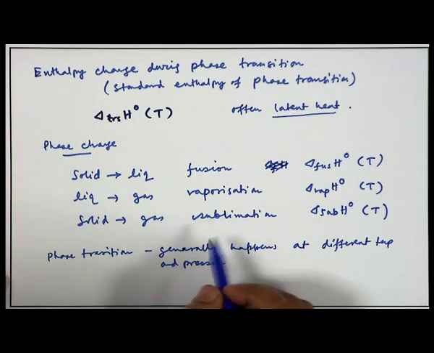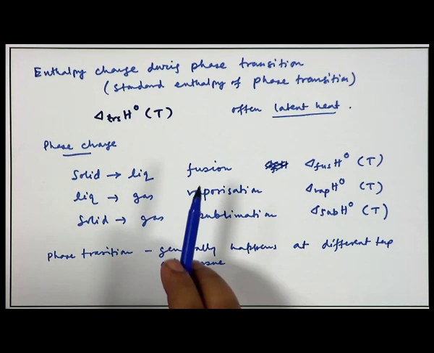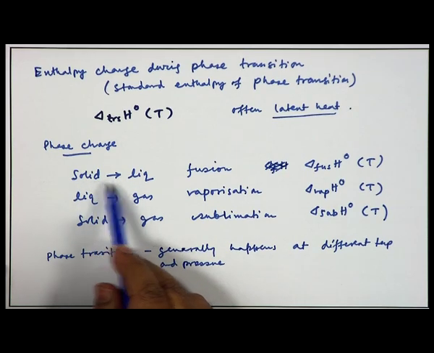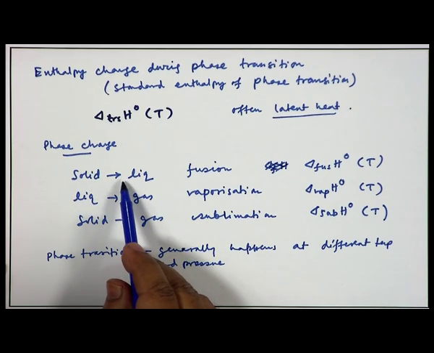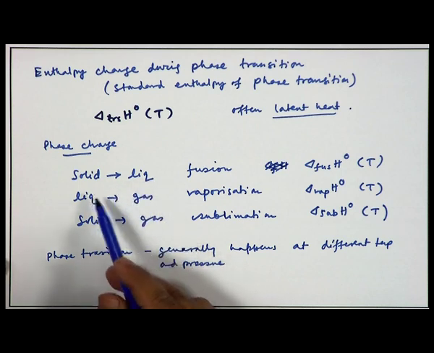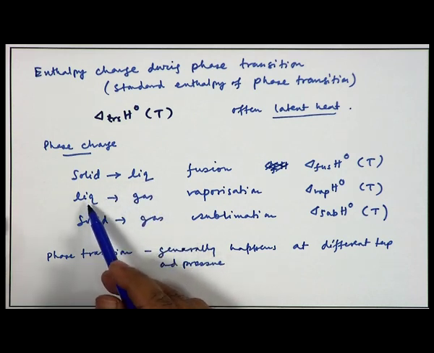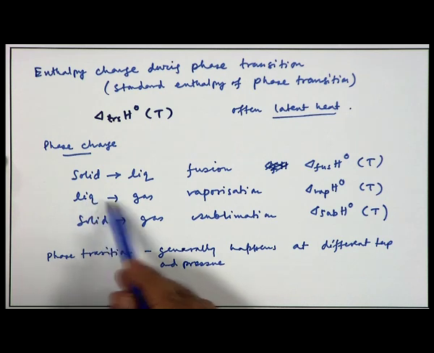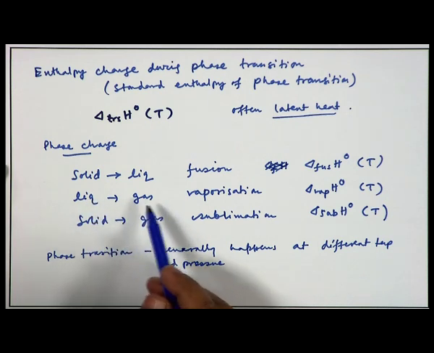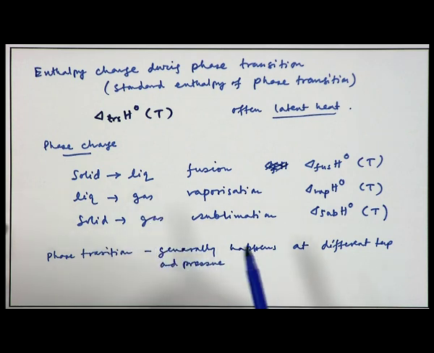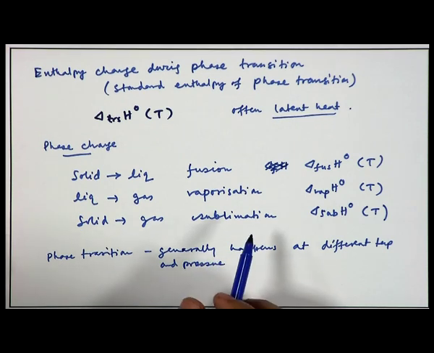For example, water or ice melts at 1 atmospheric pressure at 0 degree centigrade to water, or water at 100 degree centigrade and 1 atmospheric pressure transitions to gas, water vapor. So, we need to mention the temperature at which this transition is happening.